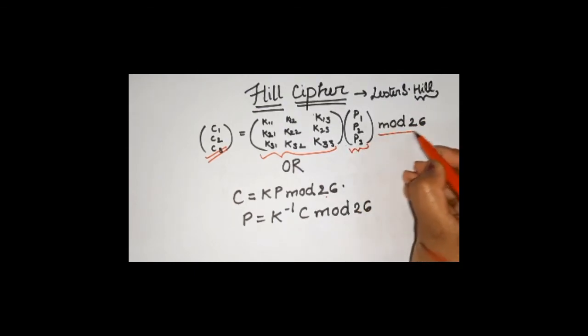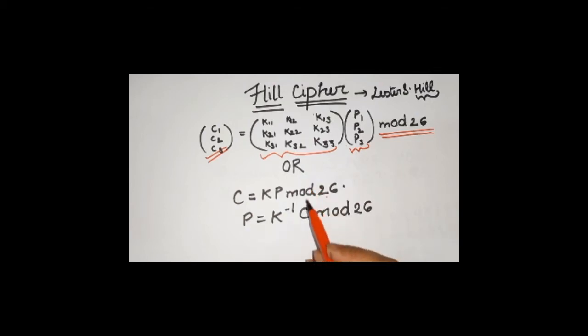And then we're performing mod 26. We're performing mod 26 only because we need a circular value from 0 to 25. Okay, so this formula can be generalized as C equals Kp mod 26. Now C here is the cipher matrix. I'll be illustrating what matrix here means.